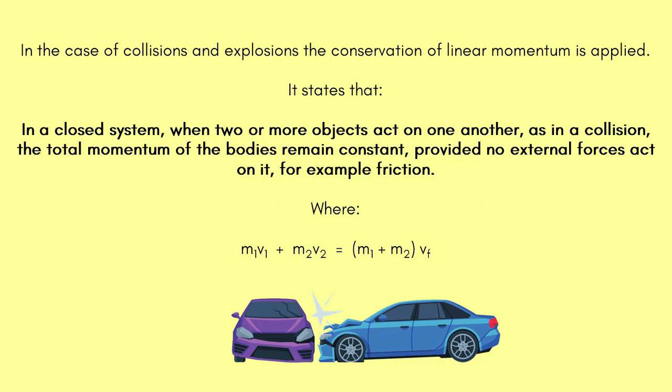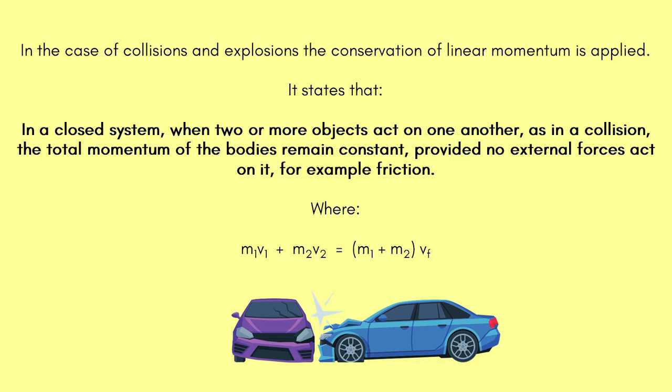Please note that m represents mass, v represents velocity. Please note that the little numbers at the bottom correspond with which variable you choose first or second, as will be seen later on.